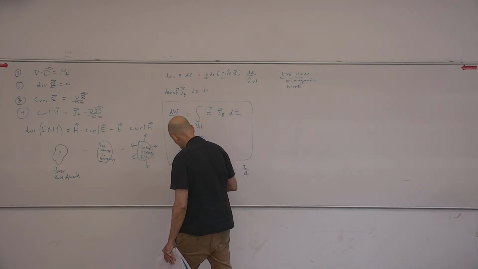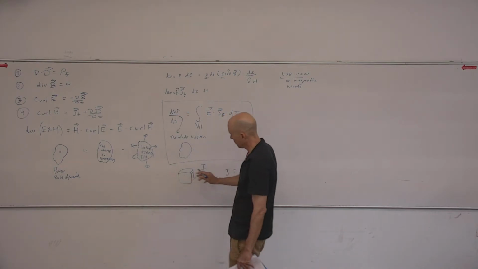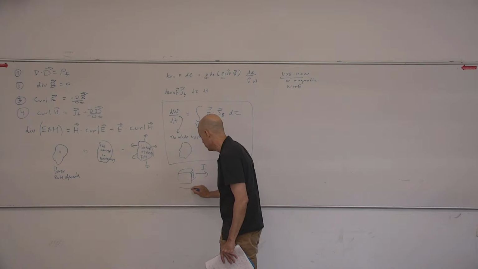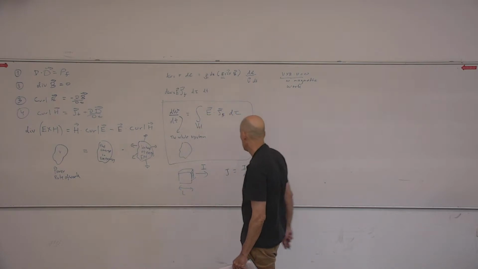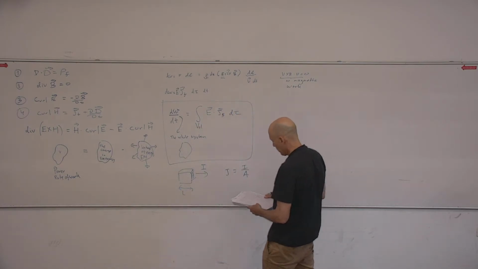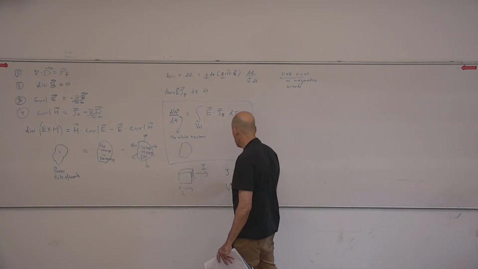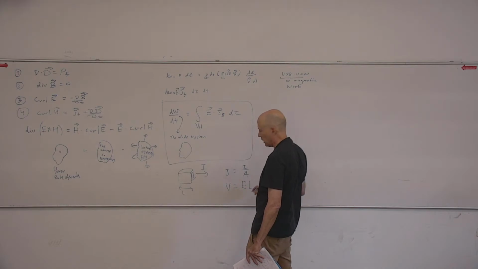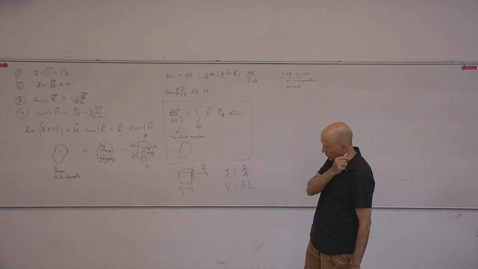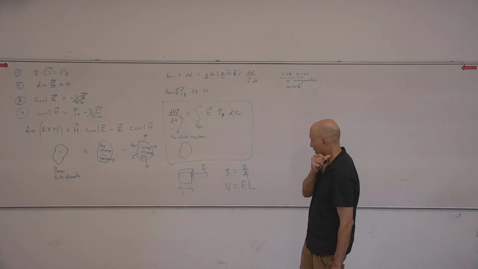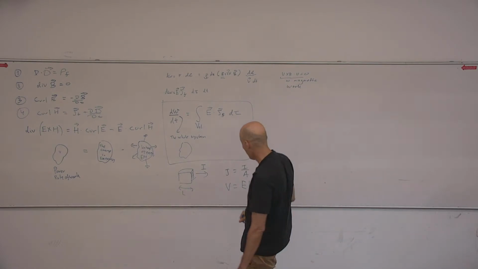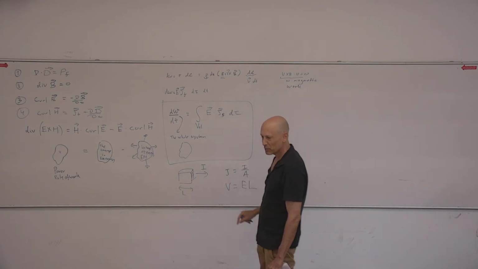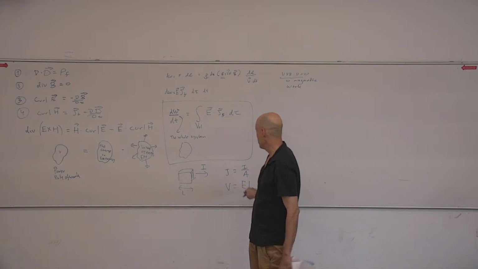A is the surface here of this thing, and let's call this L. What else do we know? The voltage that you have in high school is E, the electric field, times L, right? Yes, this is the electric field, the voltage drop divided by L.